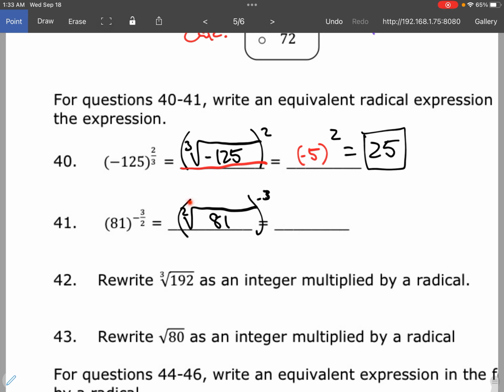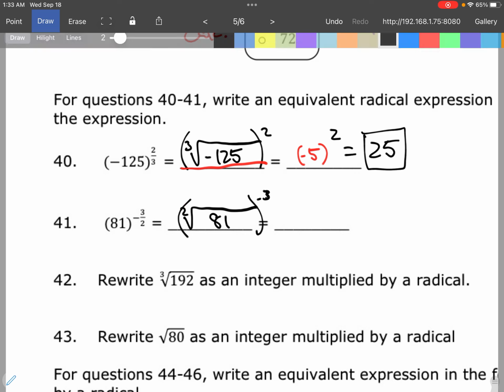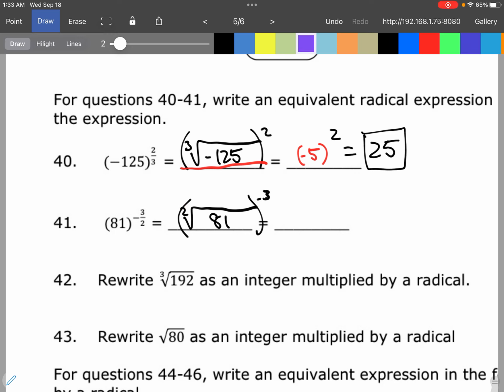This one here is asking us what 2 numbers would we multiply to get to 81. I think I know. 2 numbers that we multiply to get 81, that would be 9. 9 times 9 is 81. But let's keep the exponent in there. Okay?